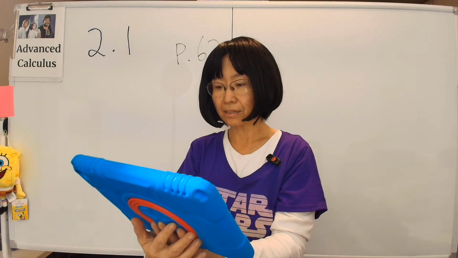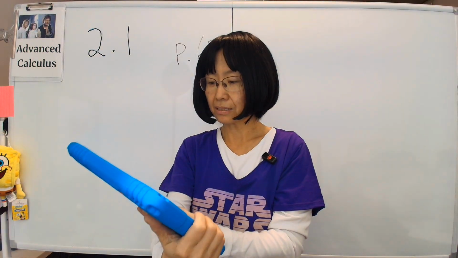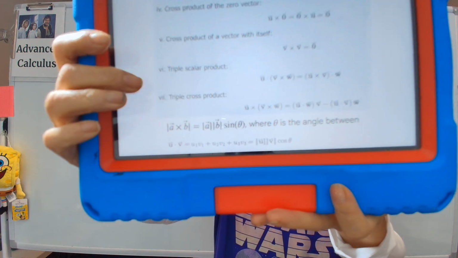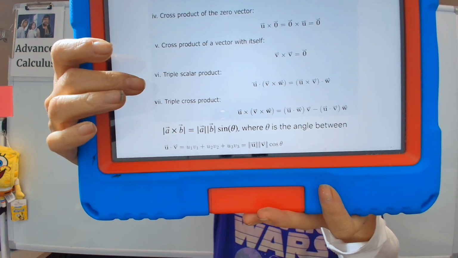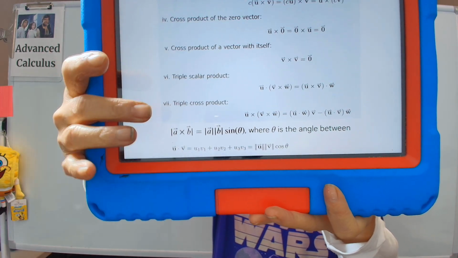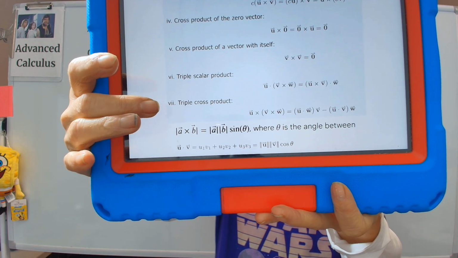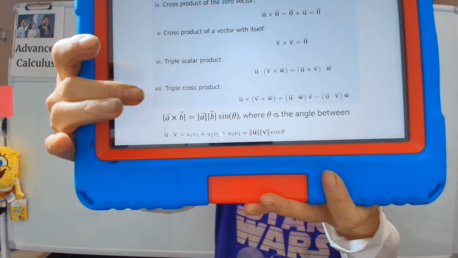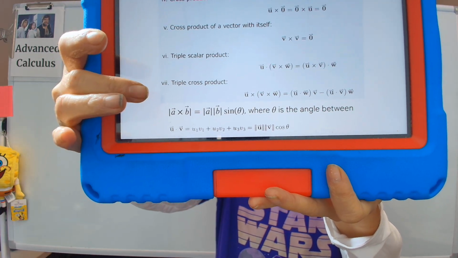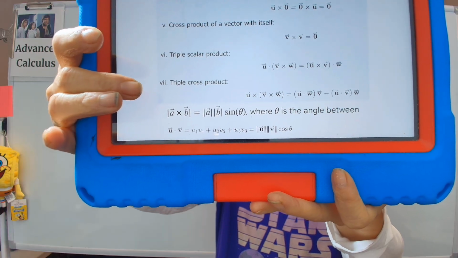And the next two things are less commonly mentioned. One is the triple scalar product. We'll talk about that later, which was mentioned in the Calculus 3 class I taught. The triple cross product was never mentioned, until later. But it's a thing, and we'll also talk about this, I think, in a moment.